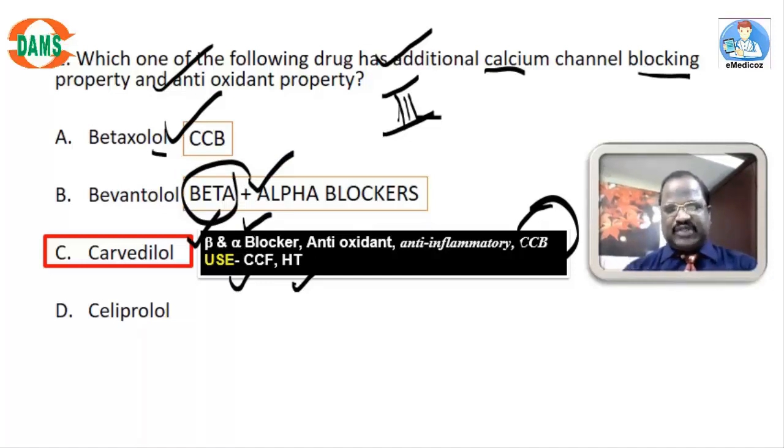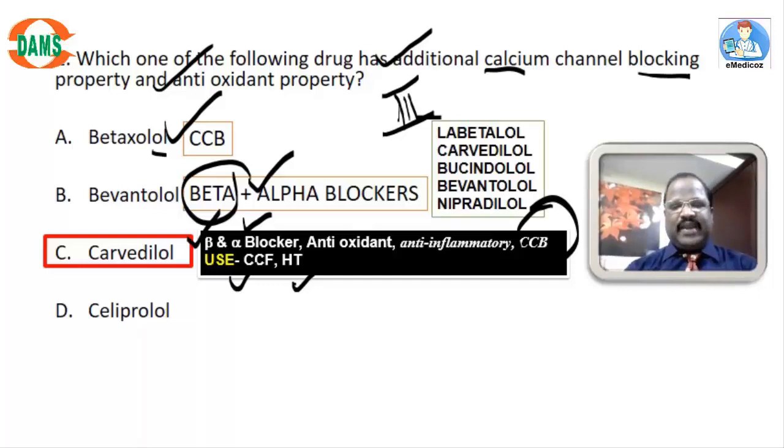This is an important MCQ. The beta blockers having additional alpha blocking properties are number 1, labetalol, number 2, carvedilol, number 3, bucindolol, and then bevantolol and the drug nipradilol. Of these, the first two drugs, labetalol and carvedilol, are very famous beta blockers.